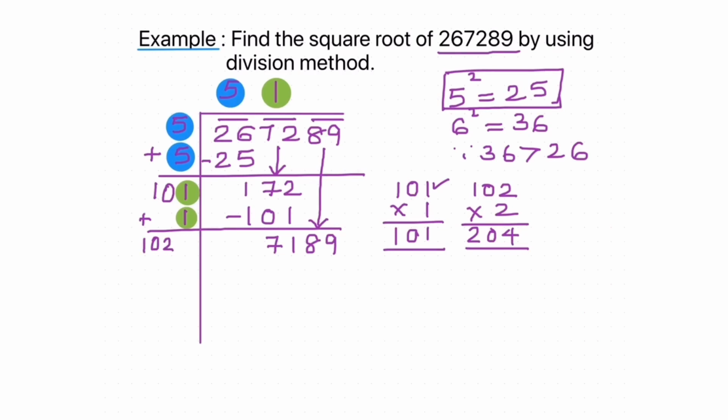Now, let us find the largest possible digit that can be written next to 102 and even in the quotient, such that the product of this new divisor and that digit does not exceed 7,189. Again, we will be using trial and error method.